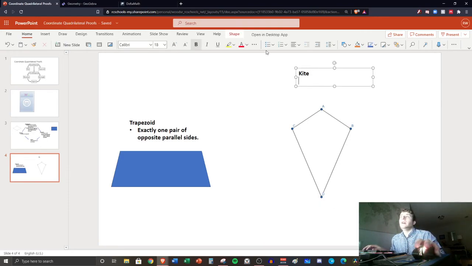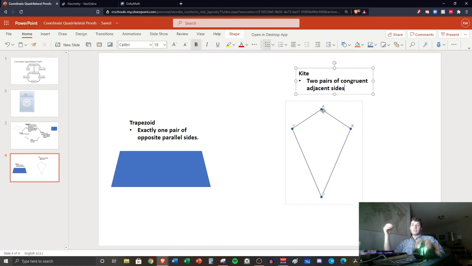So to show that a shape is a kite, you have to show two pairs of congruent adjacent sides. All right, so that's all you need to do. So you have to use the distance formula to do this. I would show this is congruent to this, this is congruent to this. Now you'll notice that these opposite sides are not parallel. AB is not parallel to CD. So that would be the case there with that one.